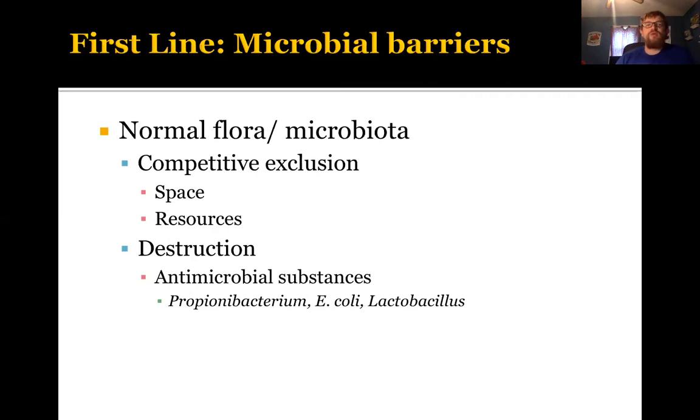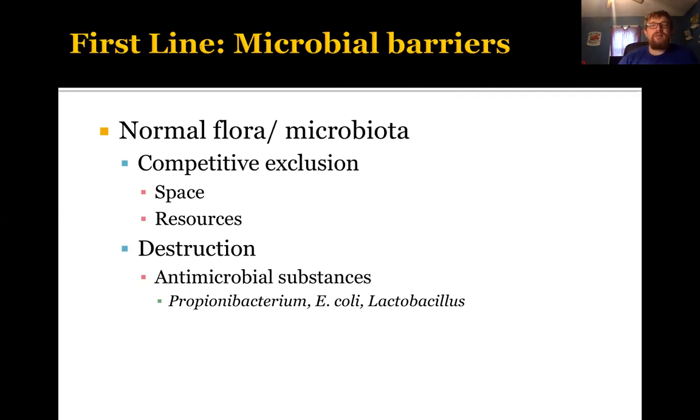All right. So for these microbial barriers, you have your normal flora, your normal microbiota, and that's totally fine. One of the major things that these guys or girls, I guess bacteria can be both in this case, are doing is something called competitive exclusion. And it's nothing more complicated than what I have here: space and resources.